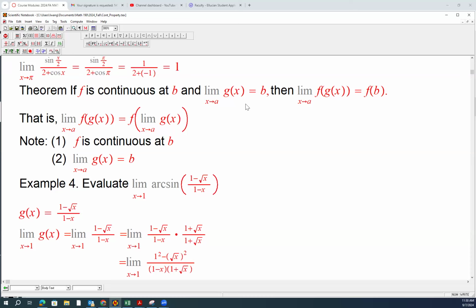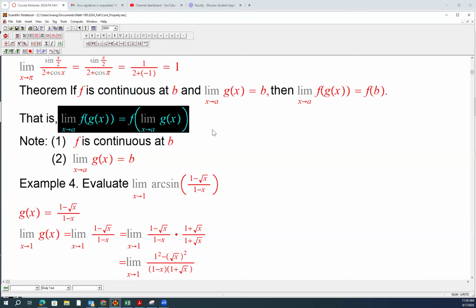So this is how the theorem is applied. And then you say, well, what if g is continuous at a? Yes, if g is continuous at a, then this conclusion will also be true. So that answers the question for composition. That is basically the next theorem.